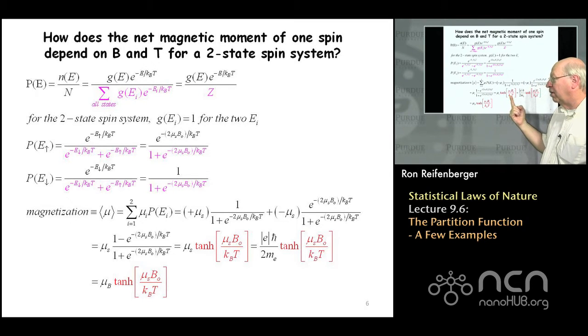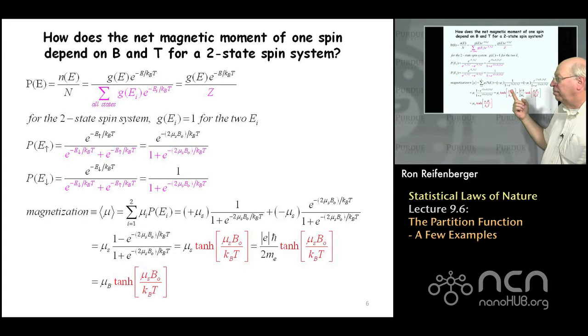And that hyperbolic tangent now expresses basically the net magnetic moment that the electron is going to have, as a function of the applied magnetic field B naught and as a function of the temperature T.